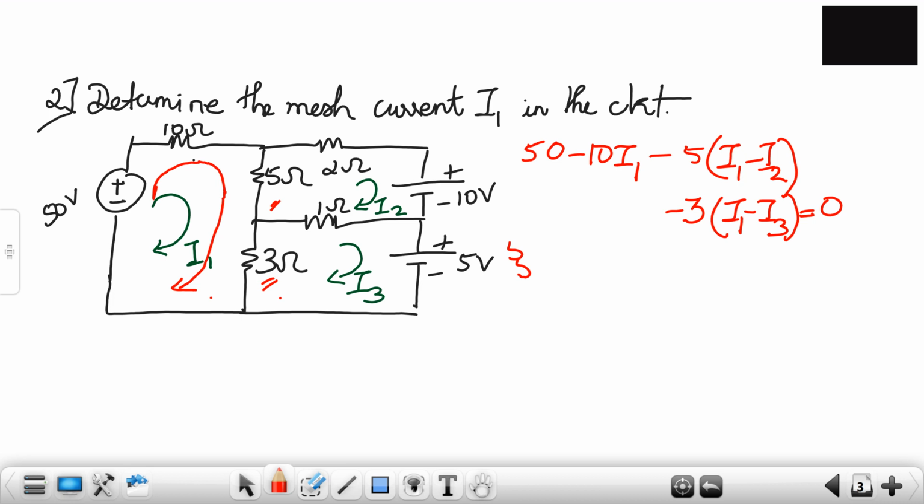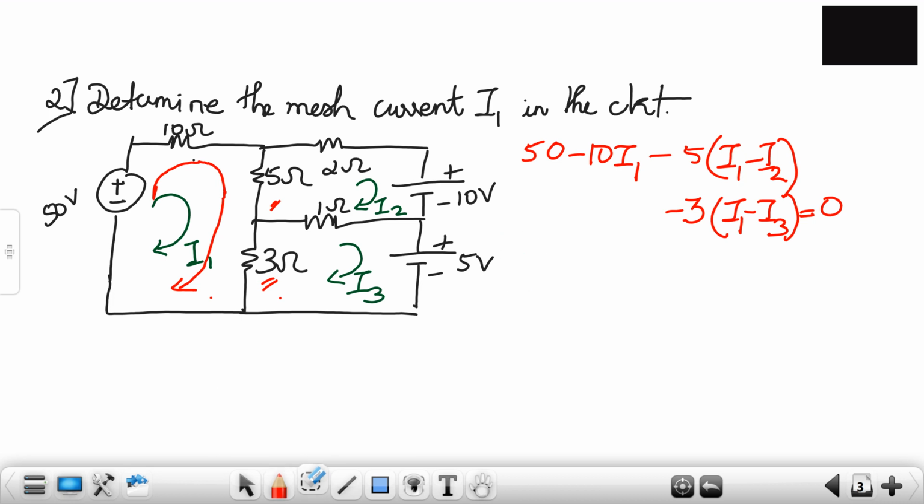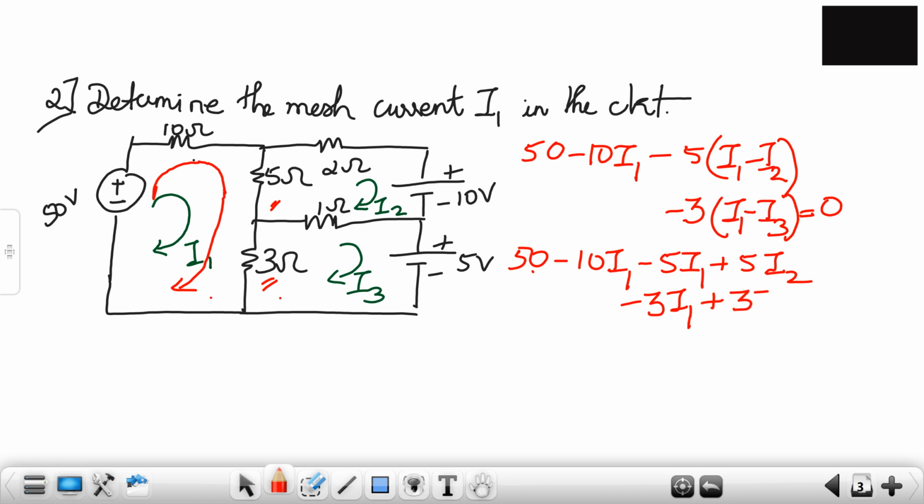So it will be 50 minus 10 I1 minus 5 I1 plus 5 I2 minus 3 I1 plus 3 I3 is equal to 0.